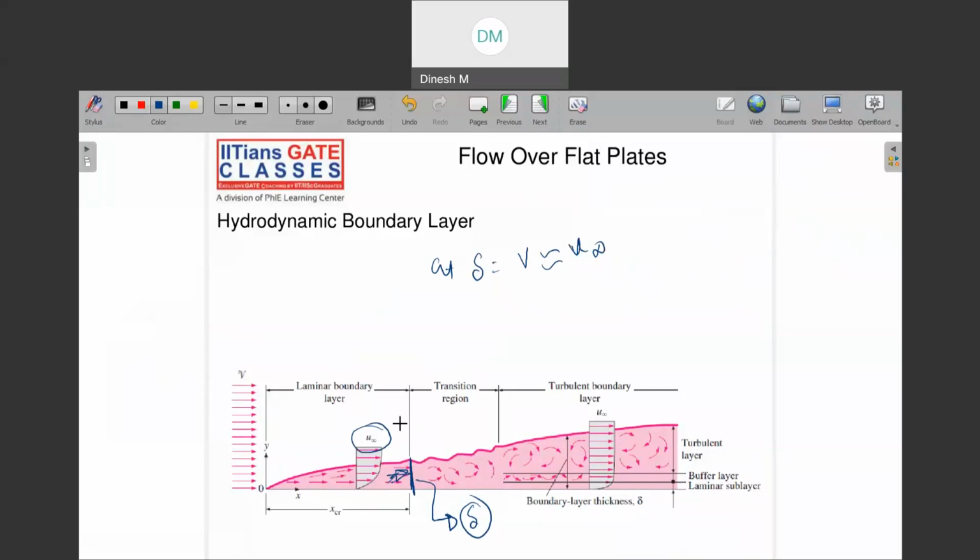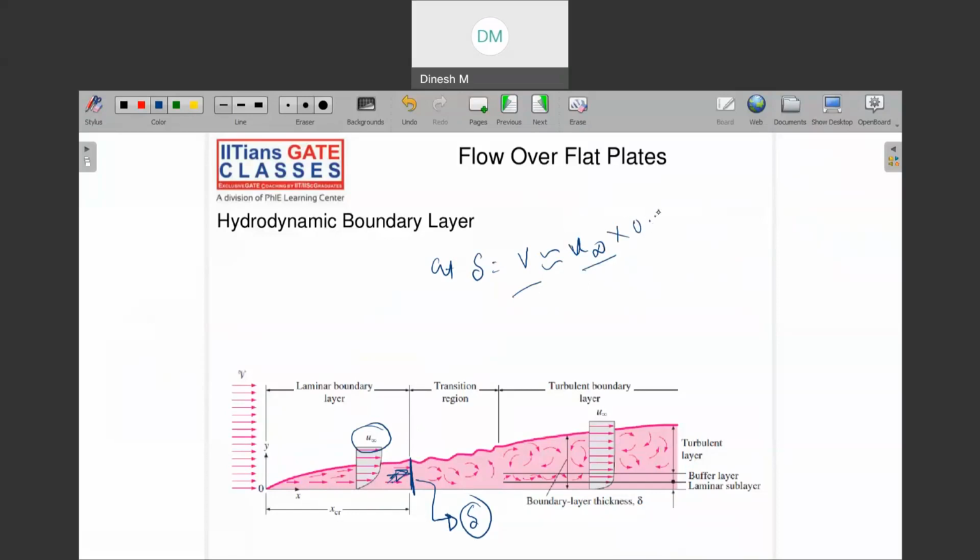So what is the catch here is that you should know how this boundary layer is defined. At this point, this is not exactly equal to, but this is equal to what? 0.99 times u infinity.